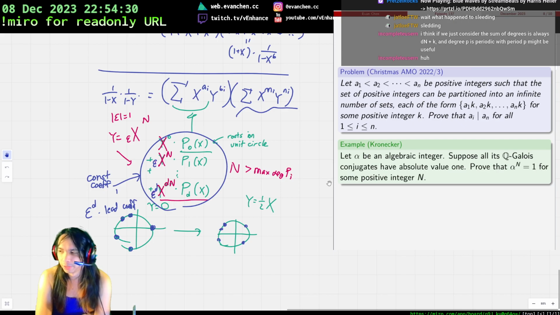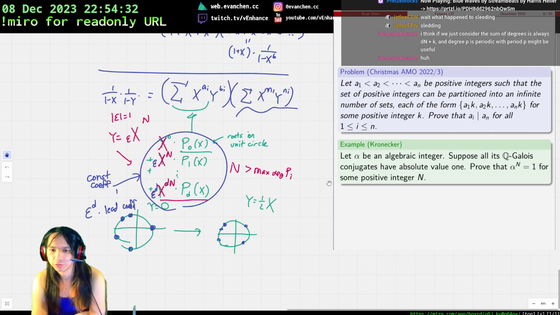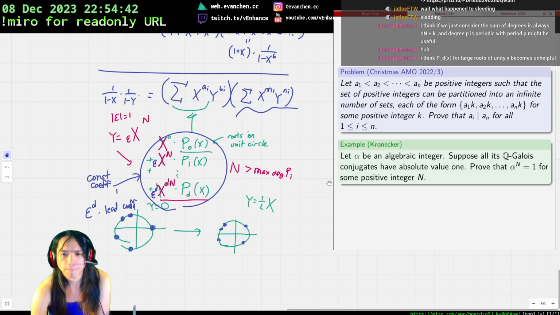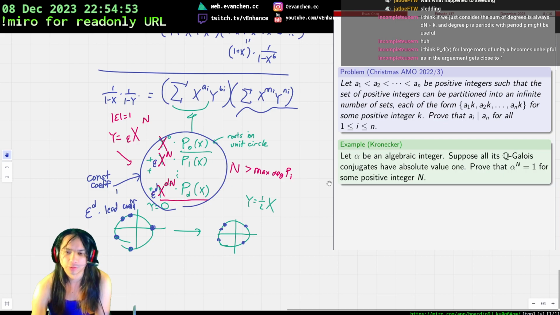Yeah, so maybe I don't need to do the number theory part, and I can just try to do the analysis part, where I have this parameter and these polynomials with completely disjoint polynomials. And then I'm told that no matter how I vary epsilon, the roots are moving on the unit circle. That seems super, super strong.